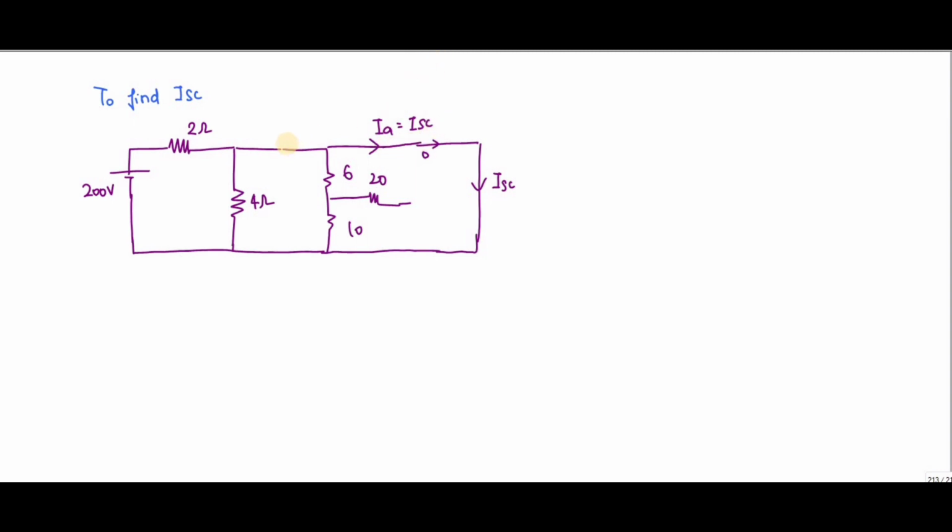And if this current is IB, here IB is nothing but ISC, because the entire current will flow only through this path, so I can remove this resistance. And if I take this as I, the entire current will flow through only this path, so I can remove this 4 amps.